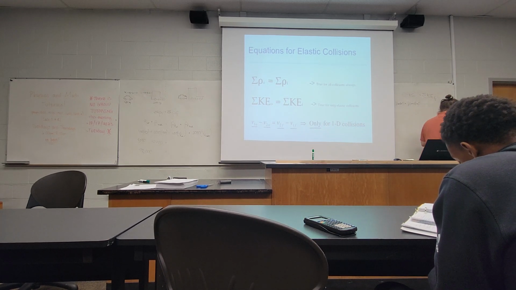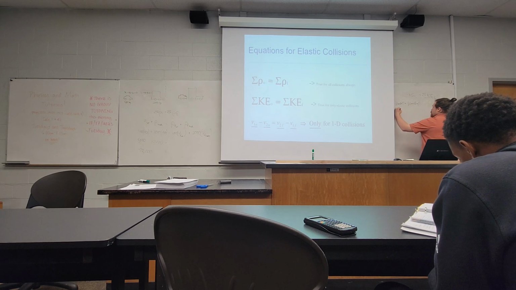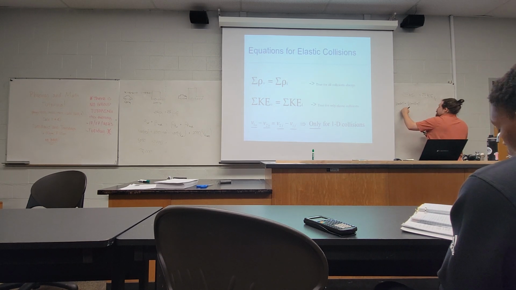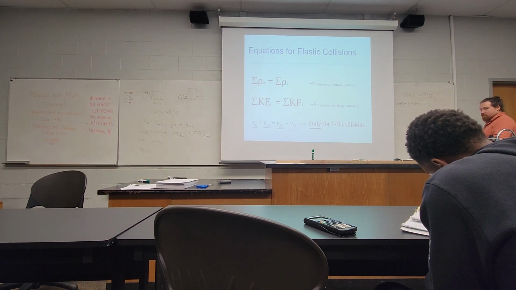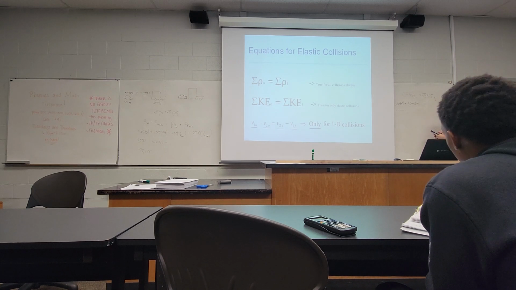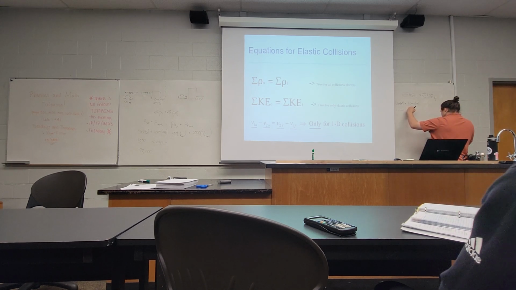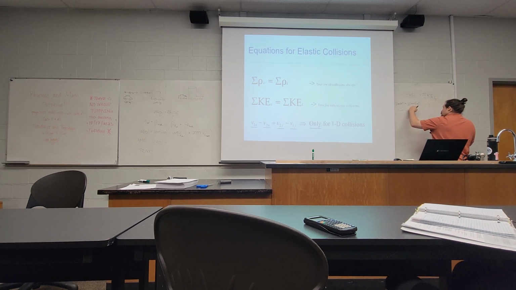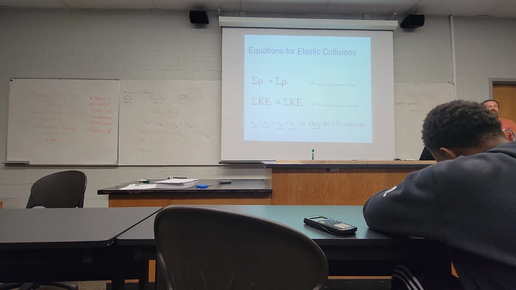0.5, 400, 45 squared. Just the sports car alone is 405,000 joules. And the truck, again, note that the negative is going to cancel out, has over 2 million joules, because it takes a lot of energy to make very heavy things go fast.